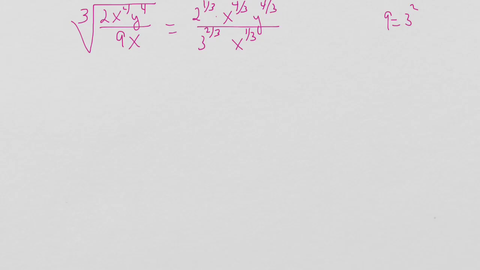If I can add 1/3 to that, then I have 3/3, which gives me 3 to the first. Likewise, for 1/3, if I add 2/3, then I have x to the 3/3, which simplifies to x to the first. So 3 to the 2/3, if I multiply by 3 to the 1/3, I can add those together and get a whole number as an exponent. Likewise, x to the 1/3, I want to multiply by x to the 2/3.